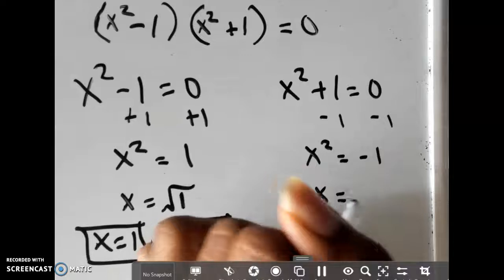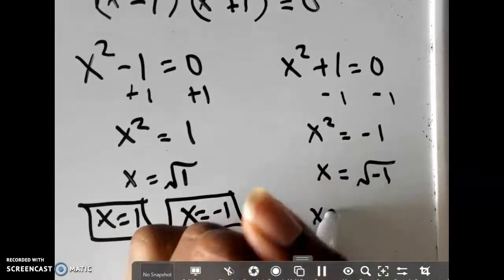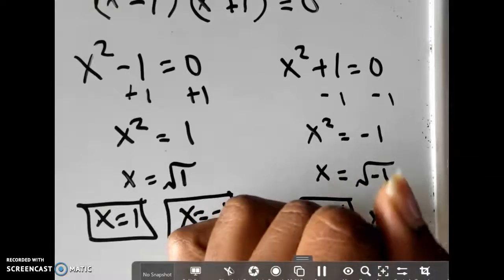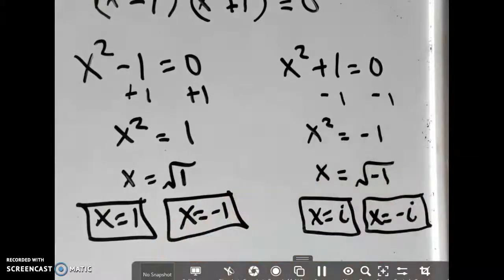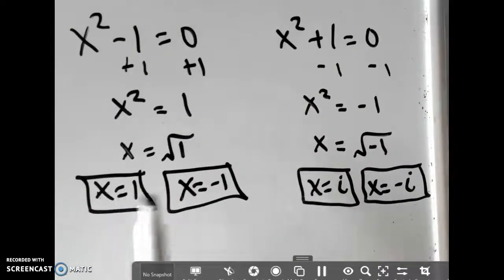I can only take the square root. Again, that negative 1 is going to give me x equals i. The square root of negative 1 equals i. And I also have to use negative i. So these are my 4 roots here. I have 2 real roots and 2 imaginary roots. 1 positive, 1 negative, 1 positive, 1 negative.